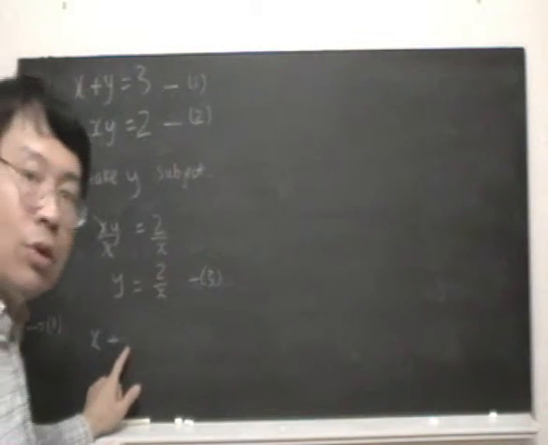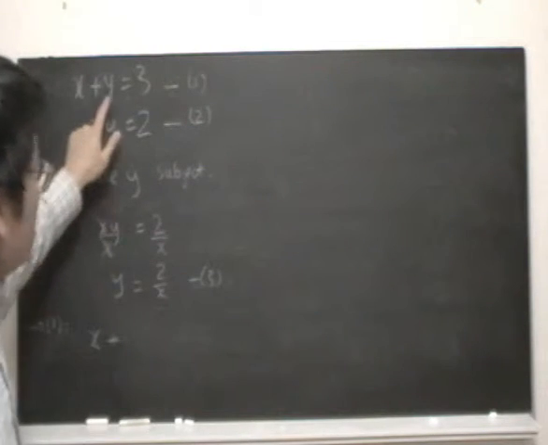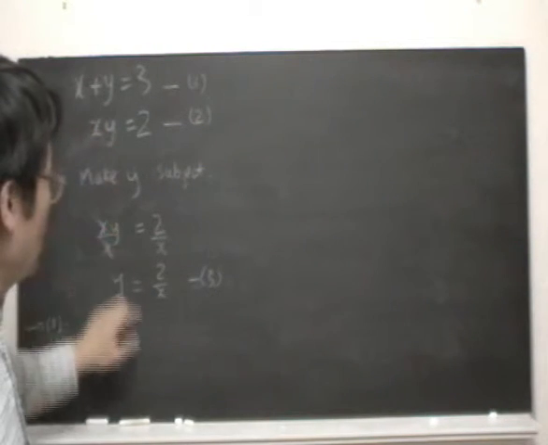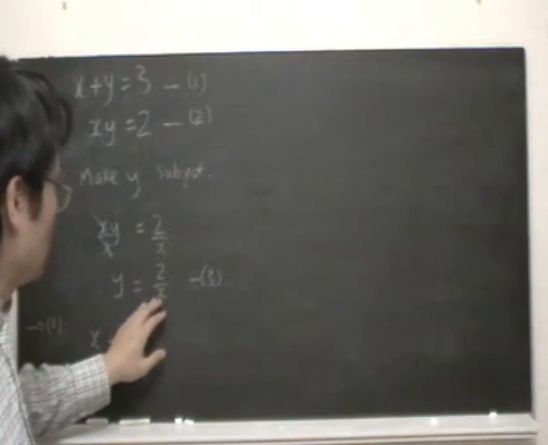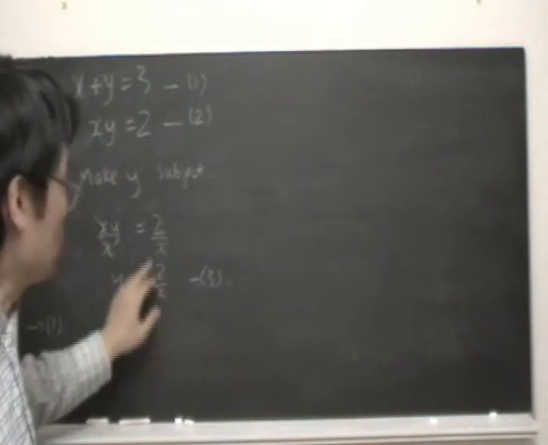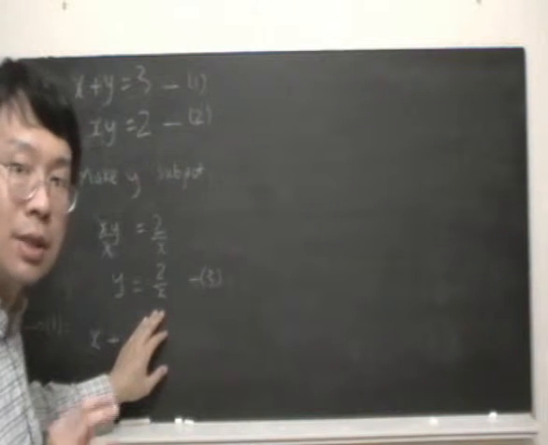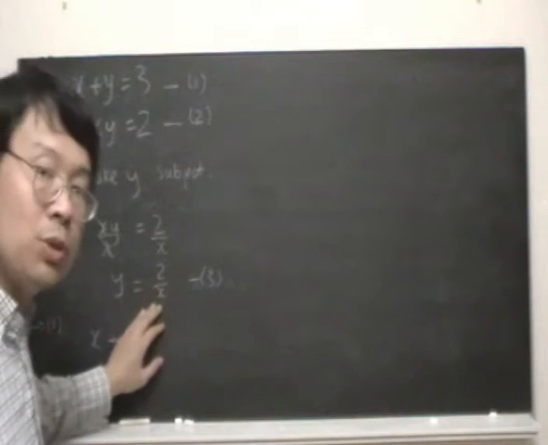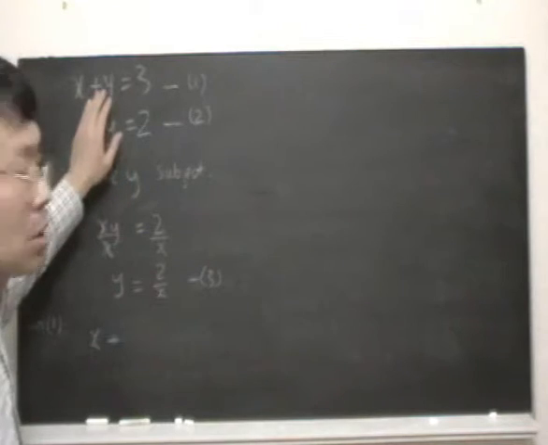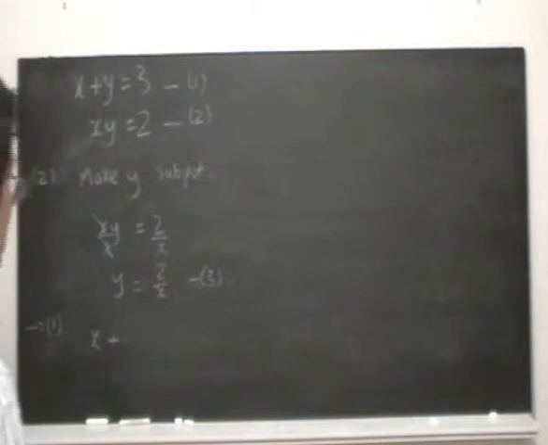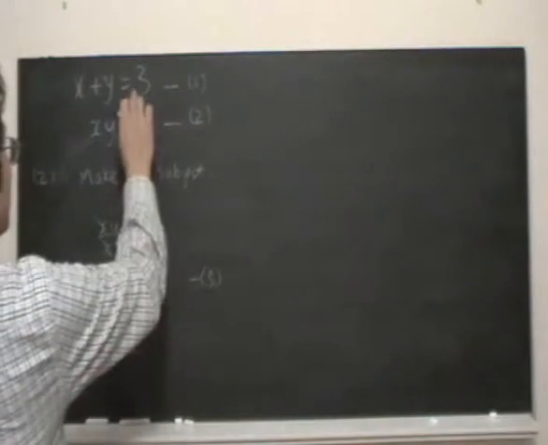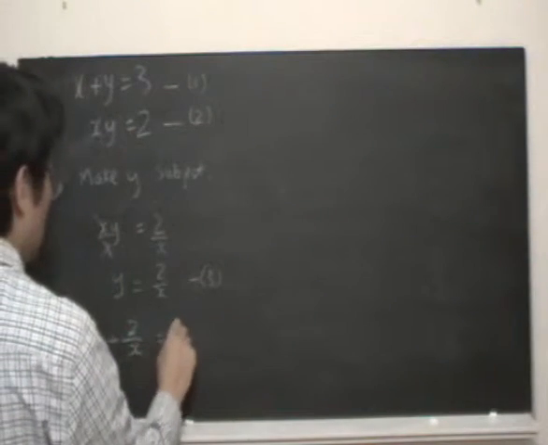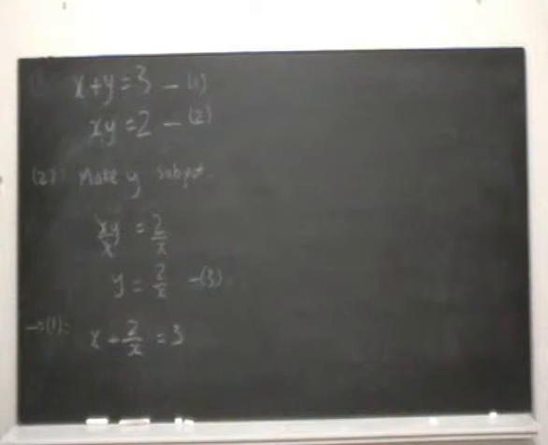Now instead of writing down y from the first equation, I'm going to replace it by this formula for y, because we have just found that y is equal to 2 over x. So that's like a formula. I'm going to substitute 2 over x into the y there. That's 2 over x, equals 3 on the right hand side.